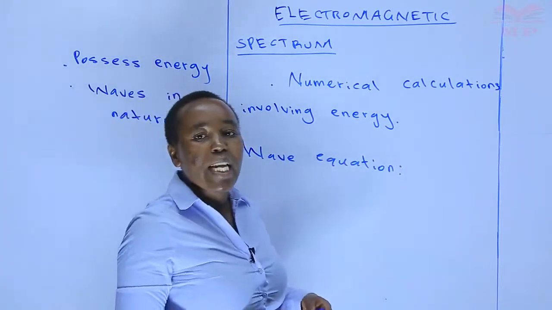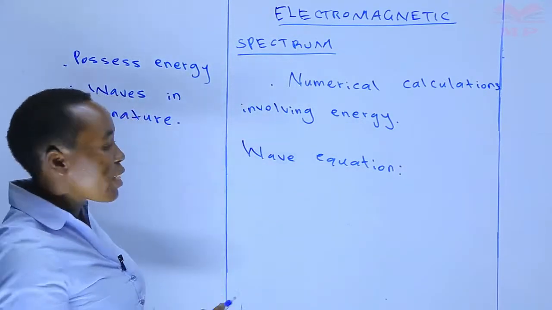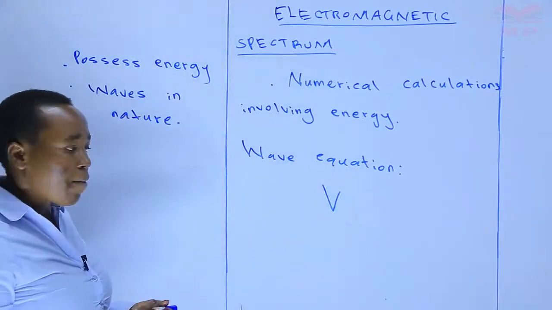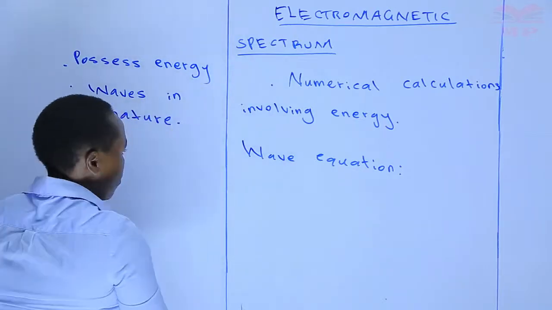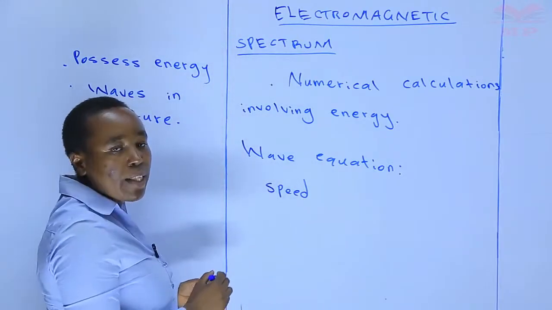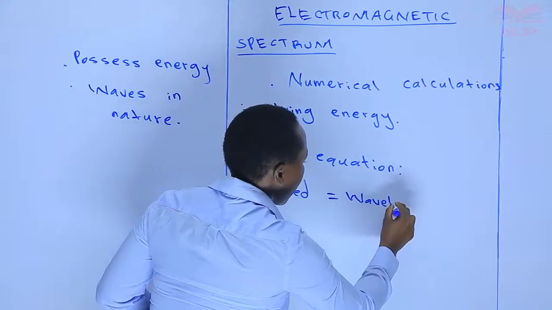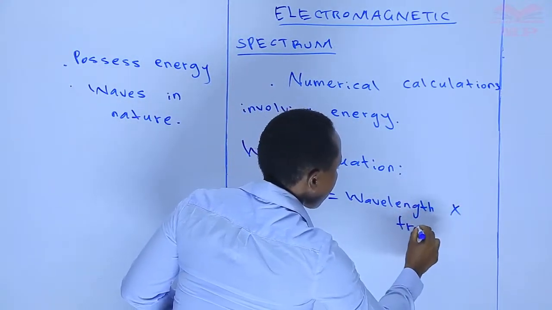The wave equation was derived in Waves 1, Book 2, whereby the speed or the velocity of a wave is equal to wavelength multiplied by the frequency.